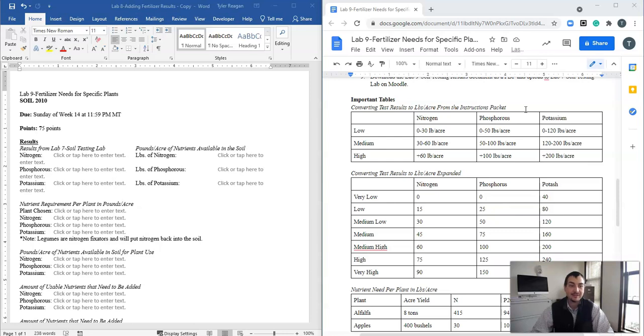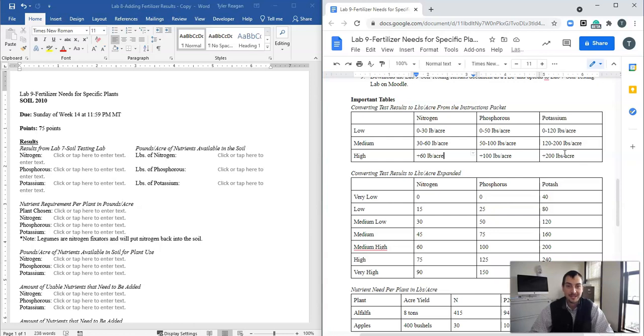And at the end of each one of those tests, it says, if you yield a low, medium, or high amount of nitrogen, this is the estimated amount of nitrogen in pounds per acre. Phosphorus, the same thing. For example, if your test results yield a medium phosphorus result, it's going to be somewhere between 50 and 100 pounds per acre. If you tested potassium and got high amounts, it's probably going to be over 200 pounds per acre of potassium.